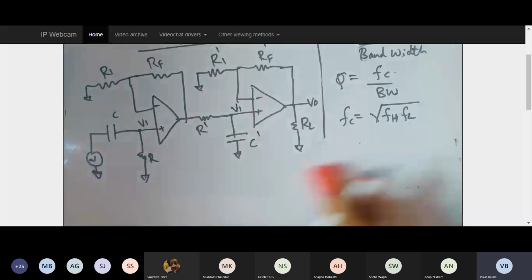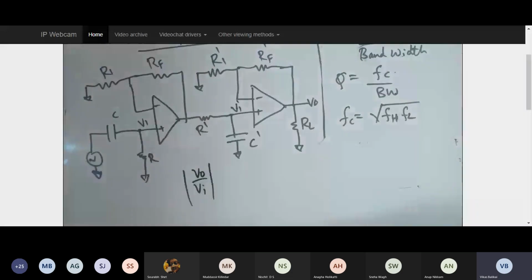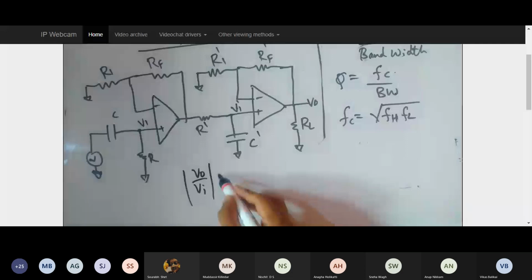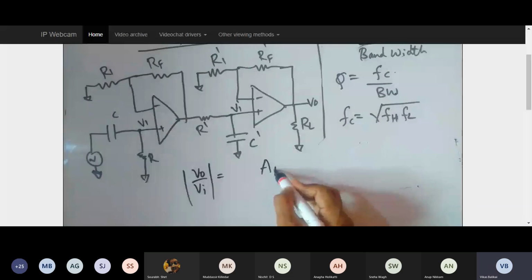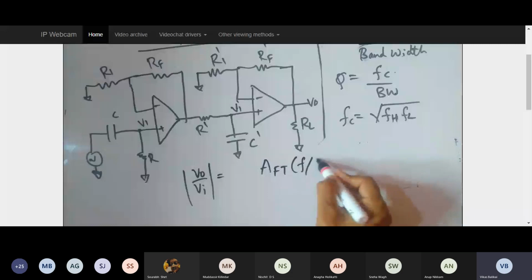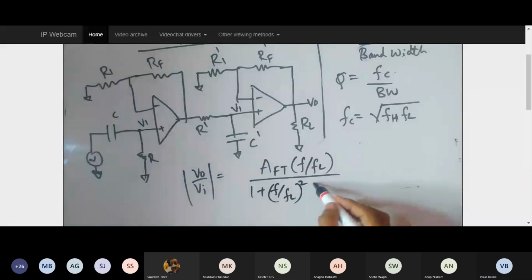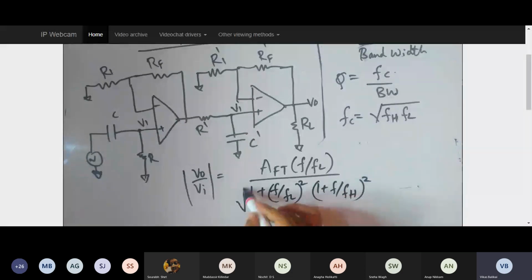So the gain equation would look something like this: magnitude of VO by VI is equal to A_F times (F by FL) whole divided by the square root of (1 plus (F by FL) whole squared) times (1 plus (F by FH) whole squared).